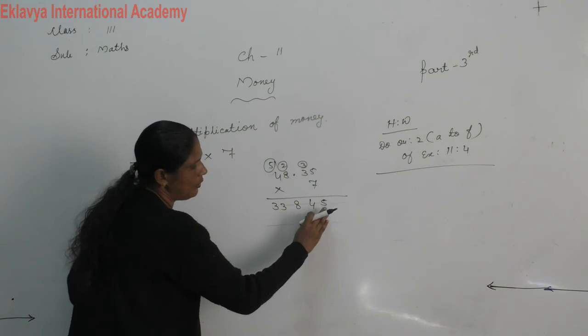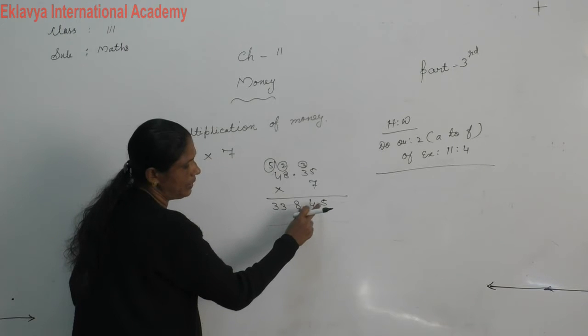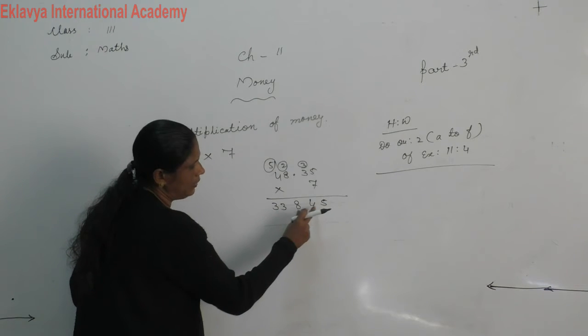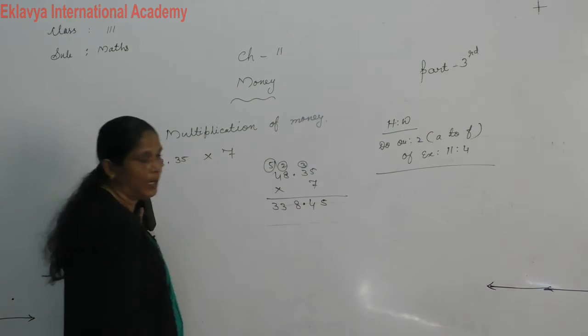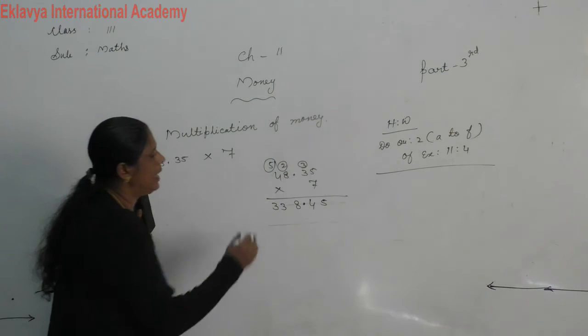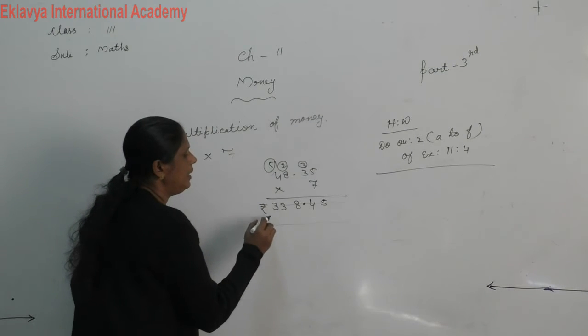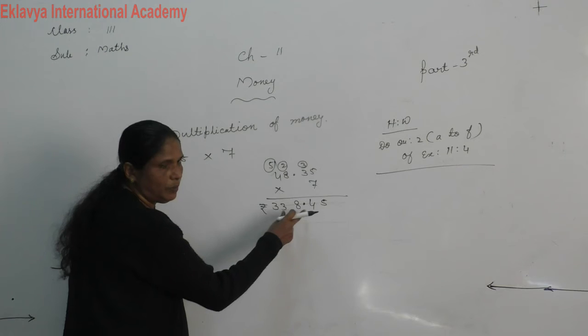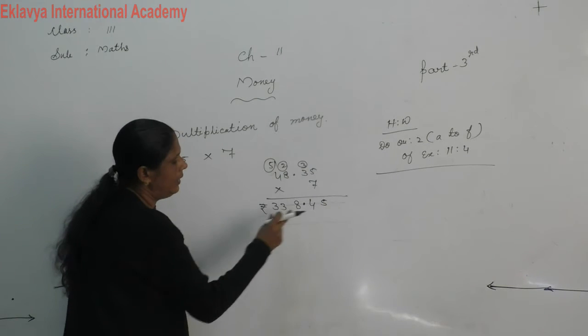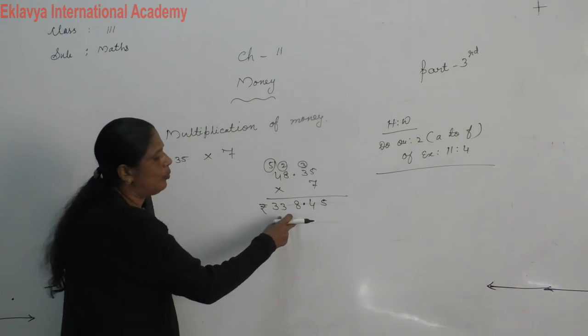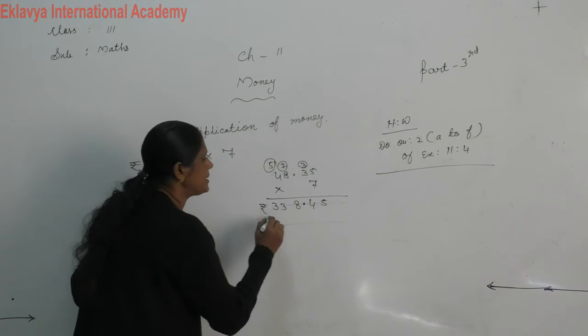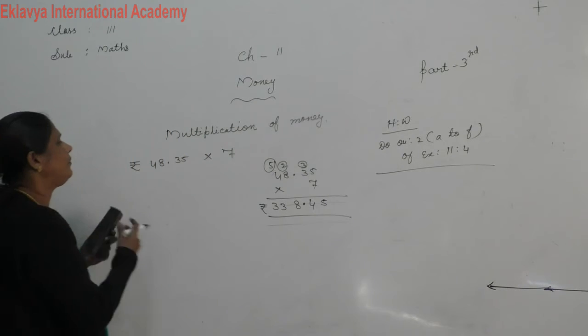You also count 2 digits, then put a dot. Now our answer is 338.45. 338 rupees 45 paise. Understand? One more question.